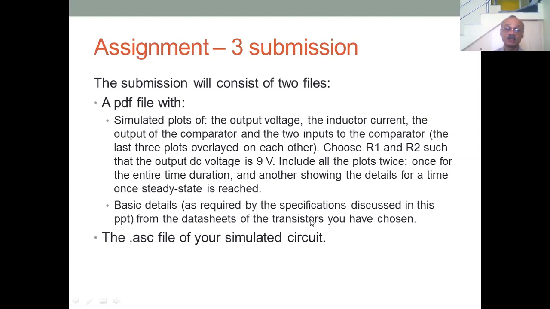Not all of you may need the Darlington configuration. You may get away with only one transistor in the switch. But whatever circuit you use, whatever number of transistors, you find the basic specs of the transistor from the data sheet and include them in the PDF file. And then, of course, you will also attach the schematic of the simulated circuit. All right, so that is that.